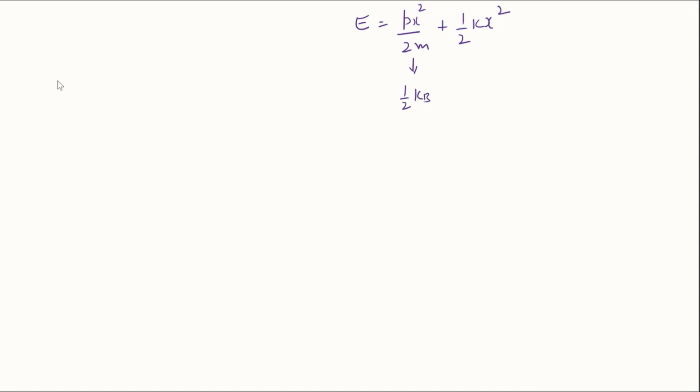So this term will also contribute half kT to the total average energy of the oscillator. So the average energy per oscillator, with the first squared energy term and the second squared energy term, will be kT.